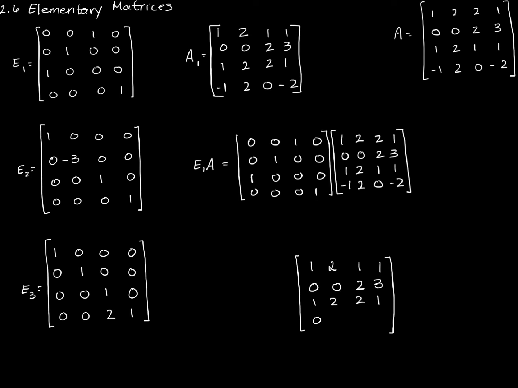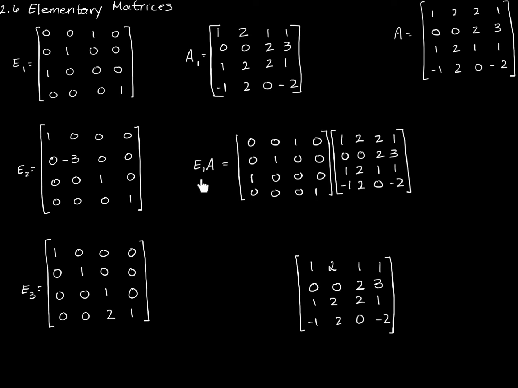Whoops, copying the wrong thing there. It should be -1, 2, 0, -2. And I'm calling this the matrix you get by performing the row operation.